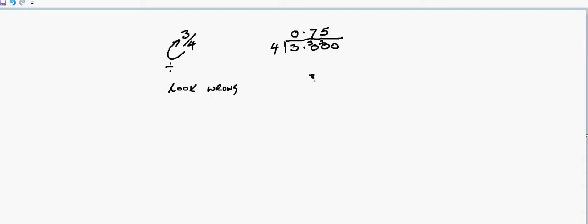So 3/4 is the same as 0.75, and just as a sideline, we now know that that's 75% as well, if ever we wanted to know.